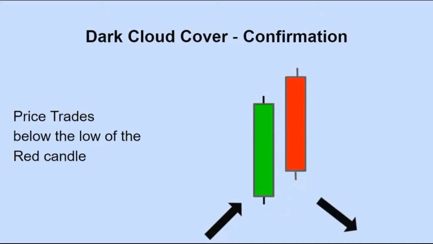Confirmation of the pattern is price trading below the low of the red candle here. As always, more conservative traders might wait for a complete candle body close below the low of the red candle, or even the low of the green candle here.